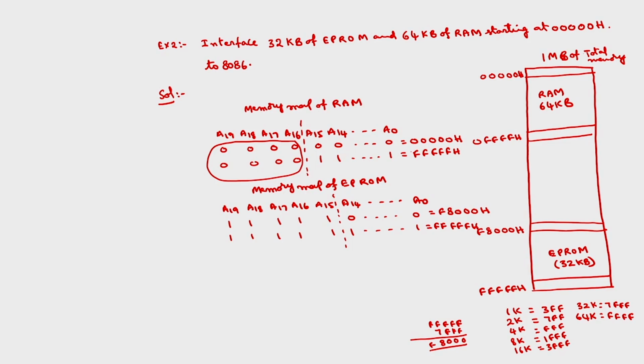So, I will select a signal using a NAND gate whose output will be 0 if A16 to A19 is 0. So, you can connect like this, with NOT gates.